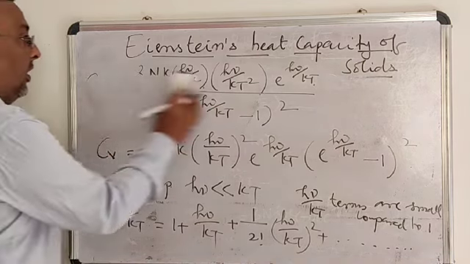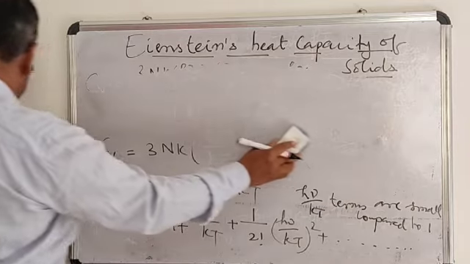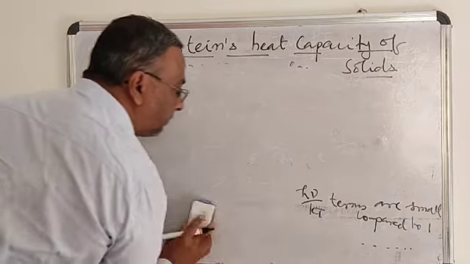So what happens when hν/kT is very small?